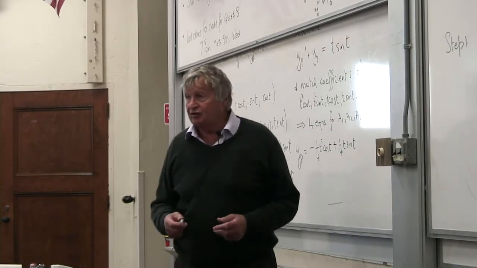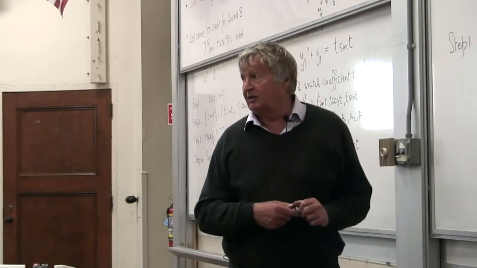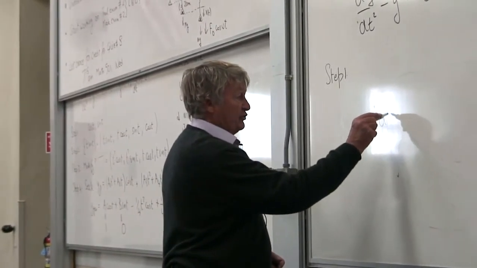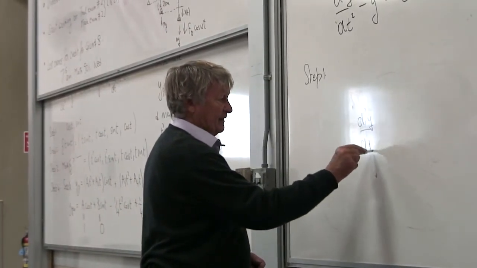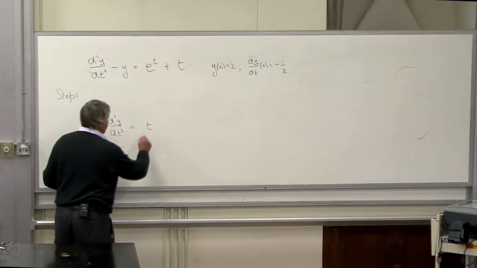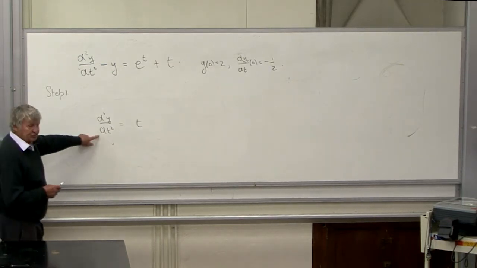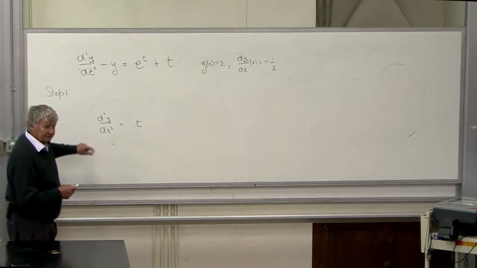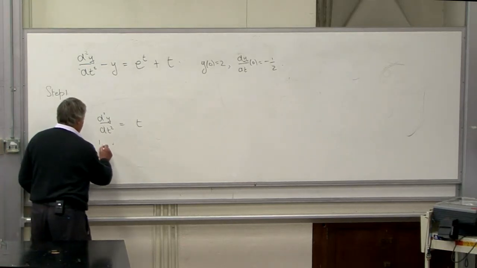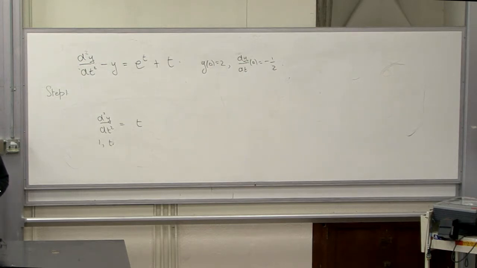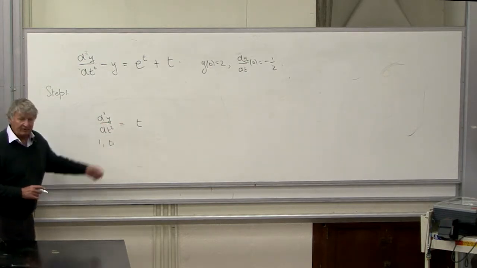Actually, let me give you a very simple example. I'm glad you're raising these questions. How about d2y by dt squared equals t? Let's try and solve this. Step 1. What are the solutions to the homogeneous equation? Well, 1 and t, a plus bt, if I solve d2y by dt squared equals 0.